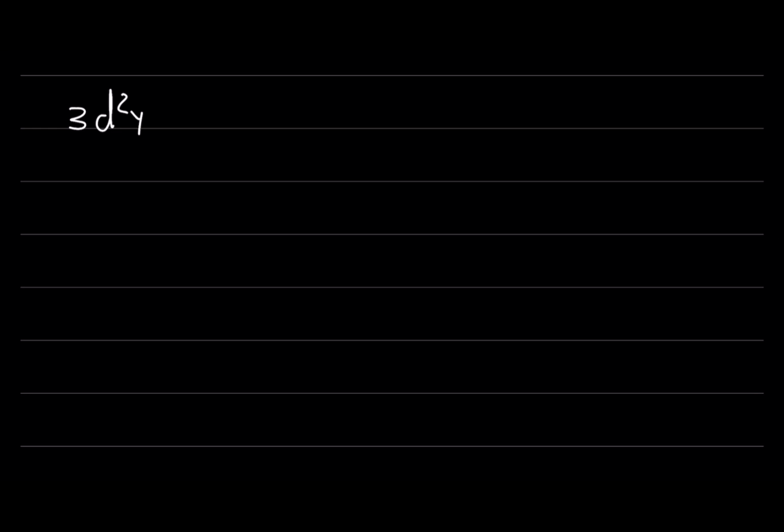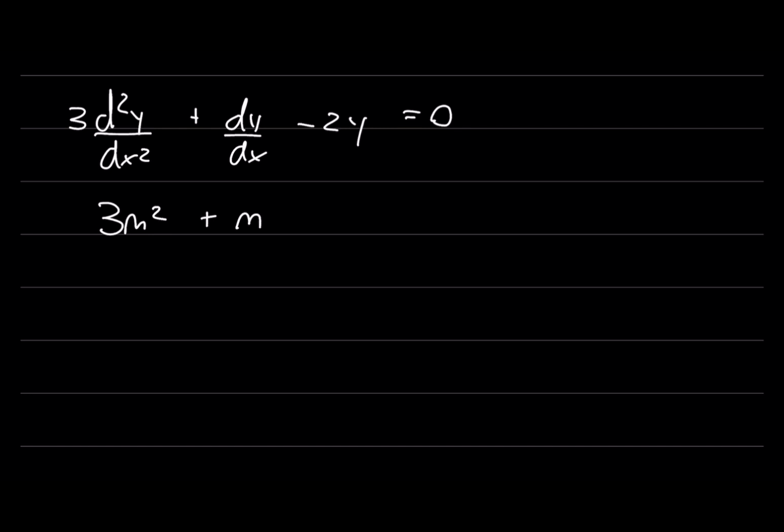So what if I ask you to solve 3 d squared y by dx squared plus dy by dx minus 2y equals 0. Again, you're going to just make your auxiliary quadratic equation. So you're going to have 3m squared plus m minus 2 equals 0.